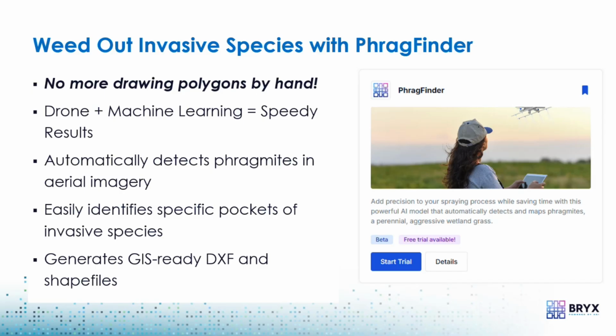Instead, PhragFinder quickly processes large volumes of imagery, identifies the phragmites, and generates GIS-ready DXFs and shapefiles that clearly outline the location of phragmites, delivering environmental services professionals like Samantha with the data that they need to treat phragmites effectively.